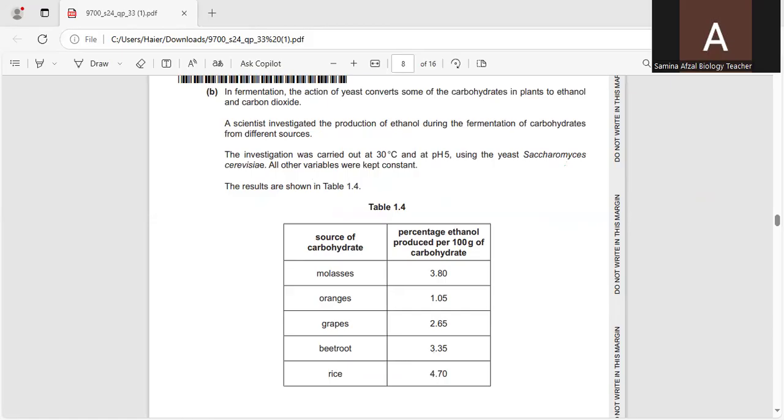The investigation was carried out at 30 degrees centigrade and at pH 5, using the yeast Saccharomyces cerevisiae, all other variables were kept constant. Source of carbohydrates, molasses, 3.80 percentage ethanol produced per 100 gram of carbohydrate, oranges 1.05, grapes 2.65, beetroot 3.35, rice 4.70.